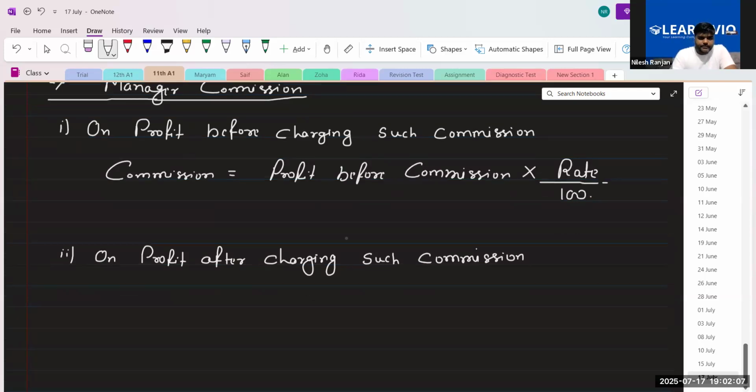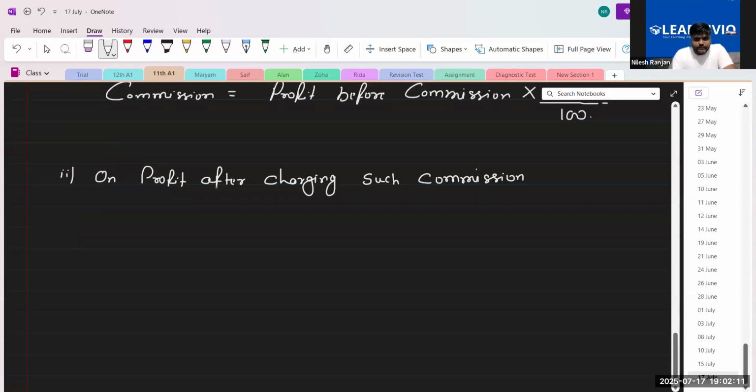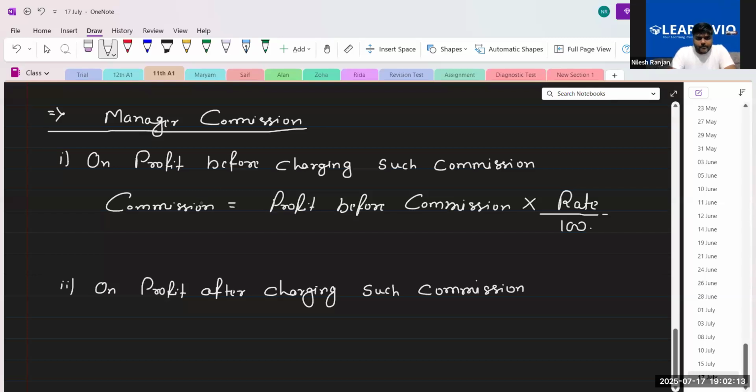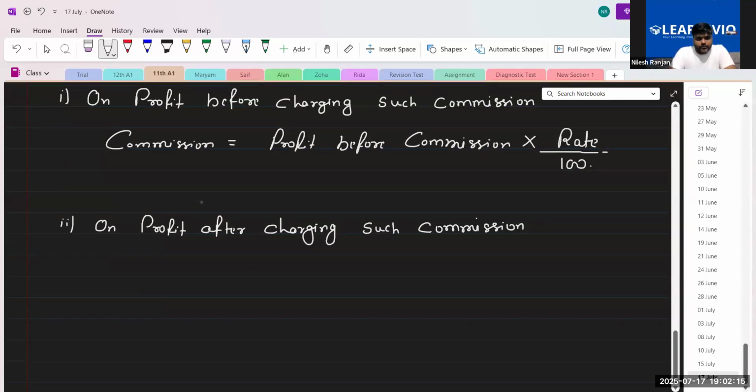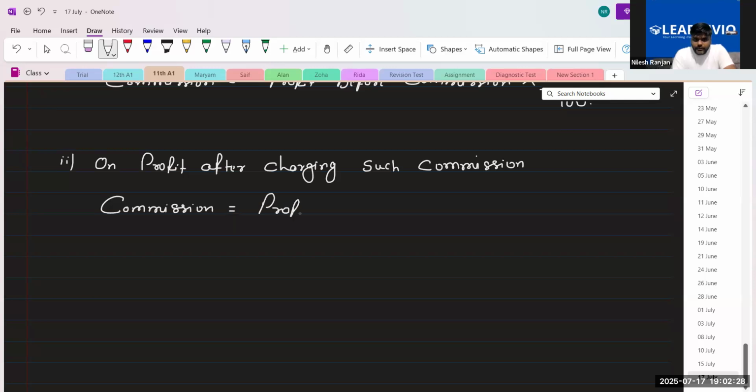Now the second is commission equals profit before commission.